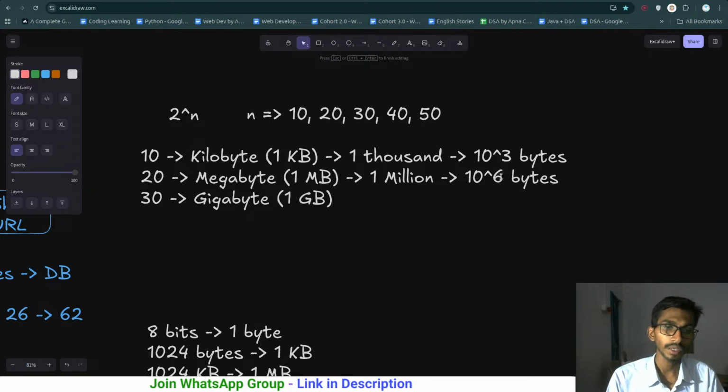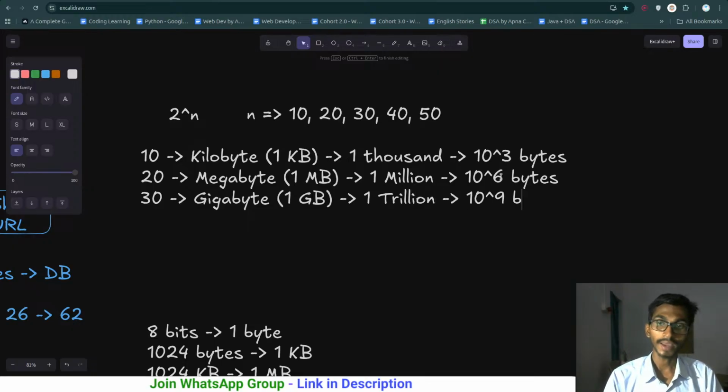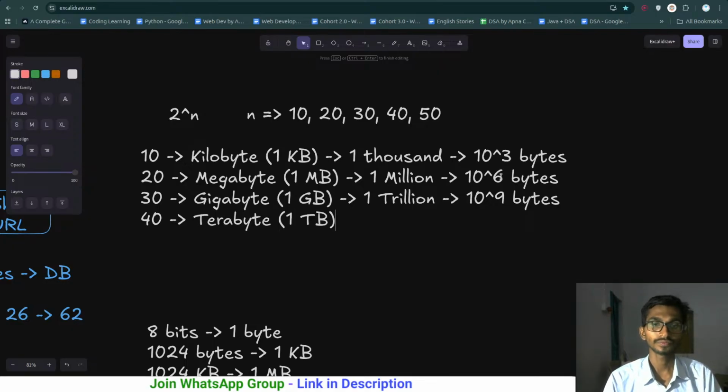Coming back to this one, we have gigabyte, 2 to the power 30, and it is 1 billion, 10 to the power 9 bytes. Going forward, we have 2 to the power 40, that is terabyte, 1 TB, equivalent to 1 trillion.